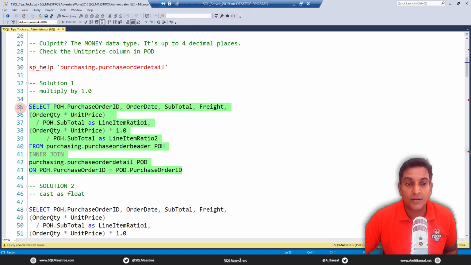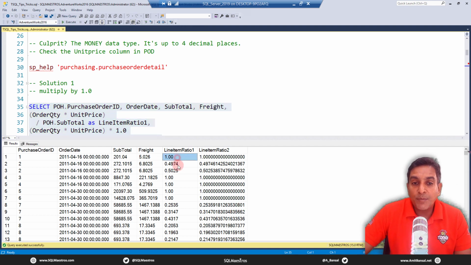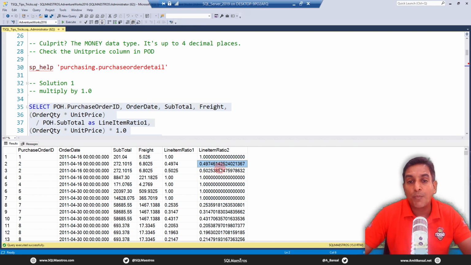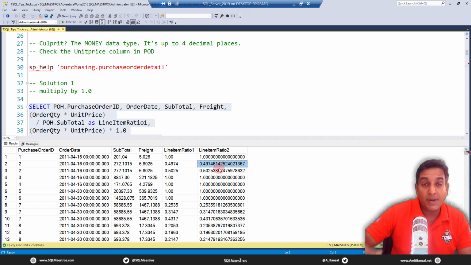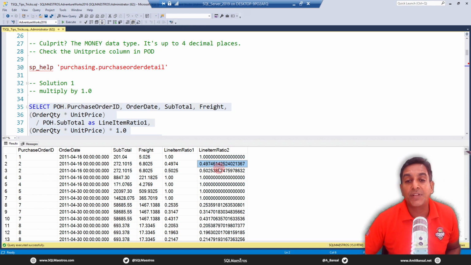I didn't select the whole query properly. Let's do that. And you can see line item ratio 1 as these, but look at line item ratio 2. You are getting a much higher precision when you multiply by 1.0. I really recommend multiplying by 1.0, it gives you a real high precision, high scale, and is one of the quickest implementations that you can do.